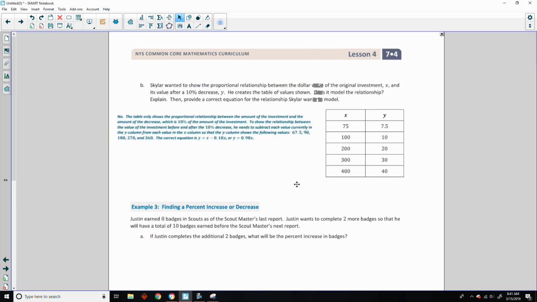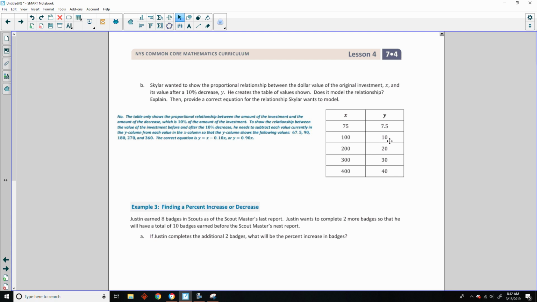The table only shows the proportional relationship between the amount of the investment and the amount of decrease, which is 10% of the amount of the investment. To show the relationship between the value of the investment before and after the 10% decrease, he needs to subtract each value currently in the y column from each value in the x column so that the y column shows the following values.